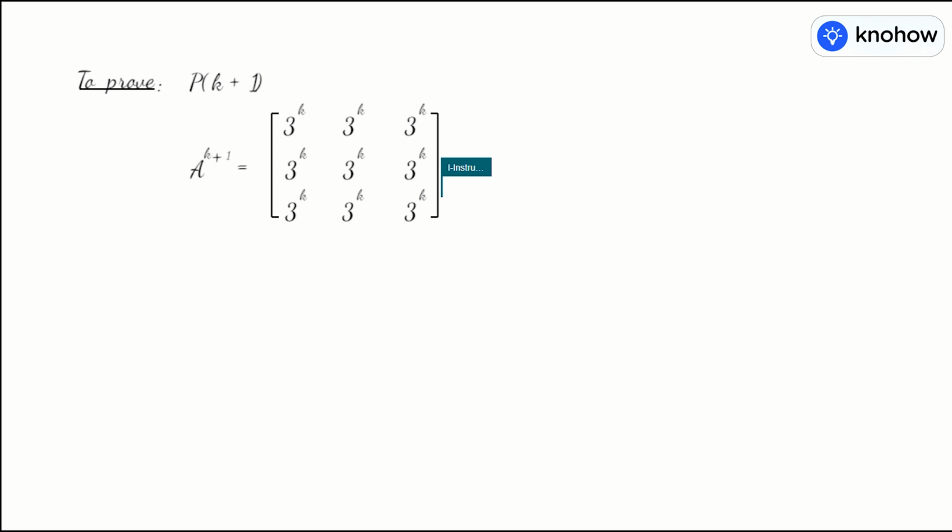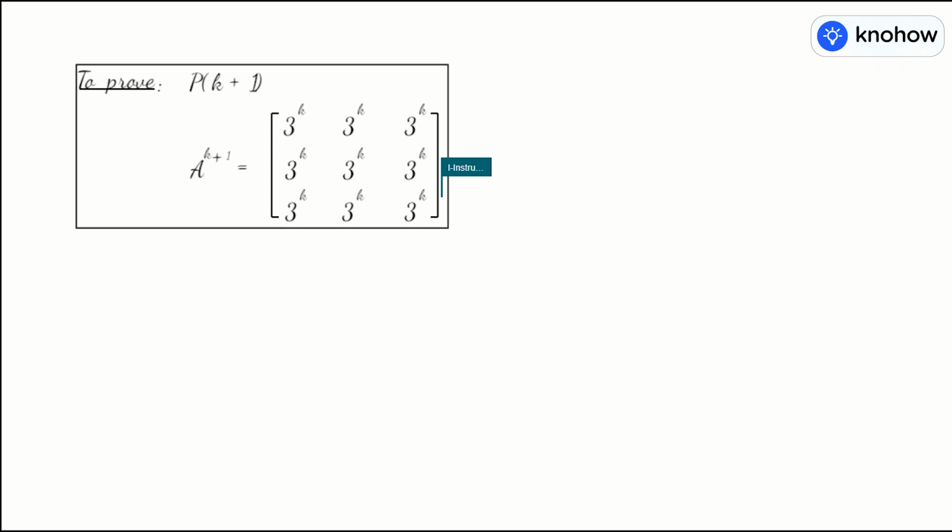Now look at step Pk. On the left side you already have A to the power k. If you multiply it again by matrix A, the left hand side will become A to the power k plus 1. So the next step is multiplying both sides of equation 1 by A. On the left hand side you have A to the power k, further multiplied by A, giving A to the power k plus 1.